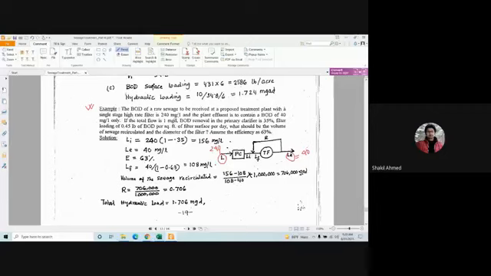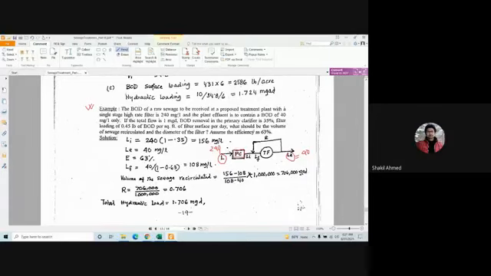If the flow is 1 million gallon per day and BOD removal in the primary clarifier, that means before you put the sewage into the trickling filter, you put this in a primary clarifier, PC, where some part of the sewage will be treated.